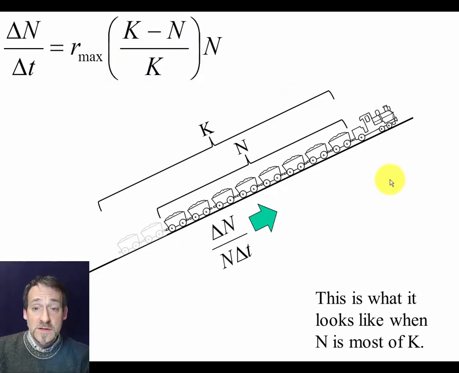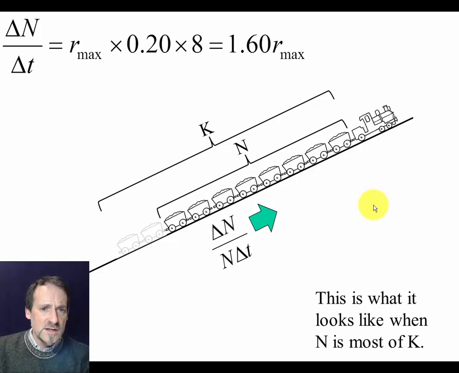You might be tempted, if you were trying to deliver freight as quickly as possible, to keep throwing on train cars. But something interesting happens once you pass this halfway point. In this case, the train is delivering 8 carloads of freight at once, and that's a lot, but it's running so slowly that instead of 2.5 times R max, it's only delivering freight at a rate of 1.6 times R max.